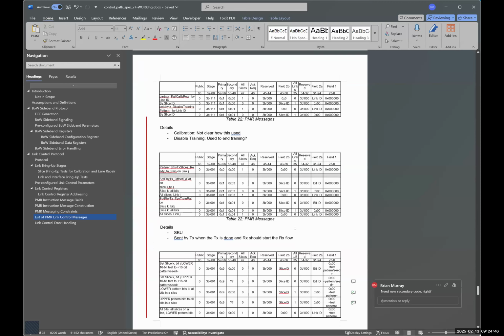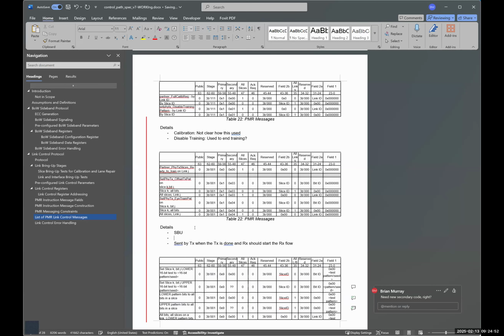All right, here I'll just say this: moves from EST to SBU when done with local initialization.